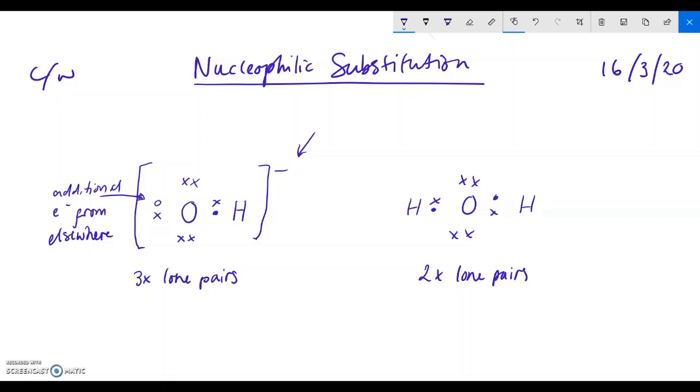This means that the lone pairs on hydroxide are more likely to go towards forming a bond, towards undergoing a reaction, than the lone pairs in water are. Okay, so summary, hydroxide is the better nucleophile, and water is a poor nucleophile.